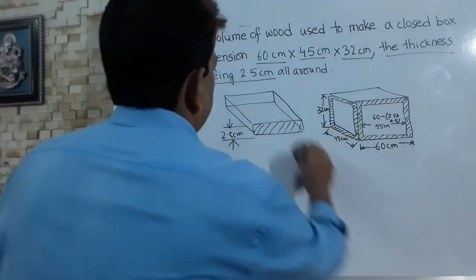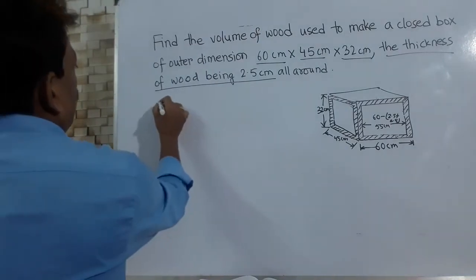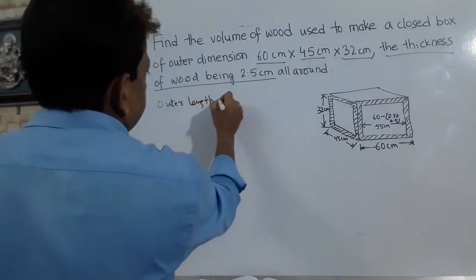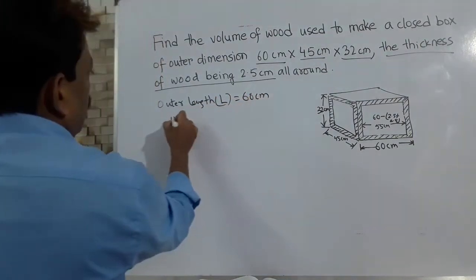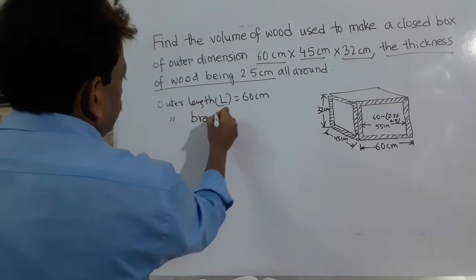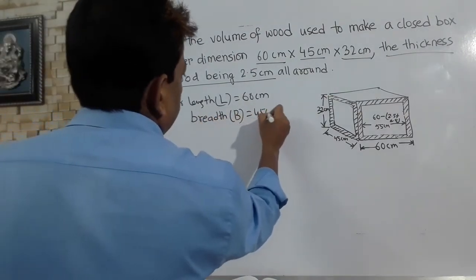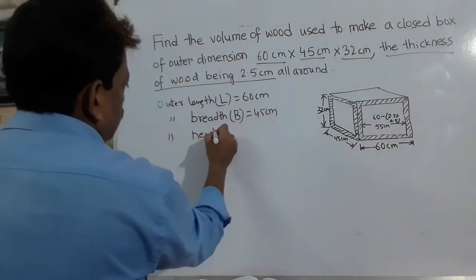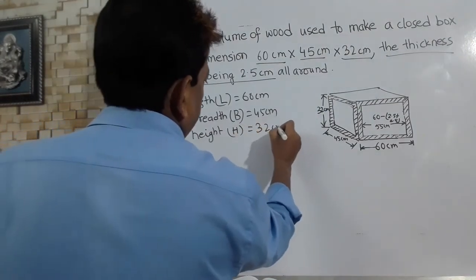Okay, so here outer length I am taking as capital L, 60 centimeter. Outer breadth capital B is 45 centimeter, and outer height capital H is equal to 32 centimeter.